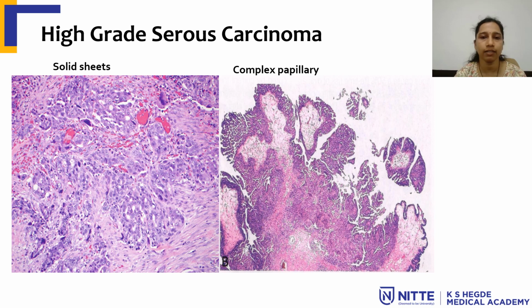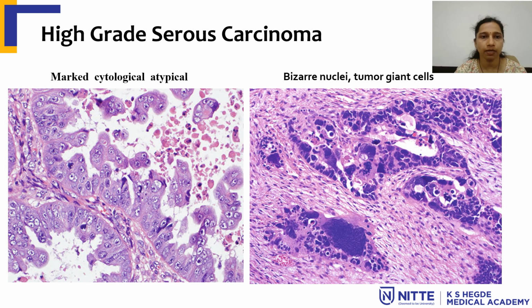On microscopy, we can see predominantly sheets of tumor cells and also papillae, but the individual cells will show marked nuclear atypia. So in this picture, we can see markedly atypical-looking cells with a few bizarre tumor cells and they are very hyperchromatic.